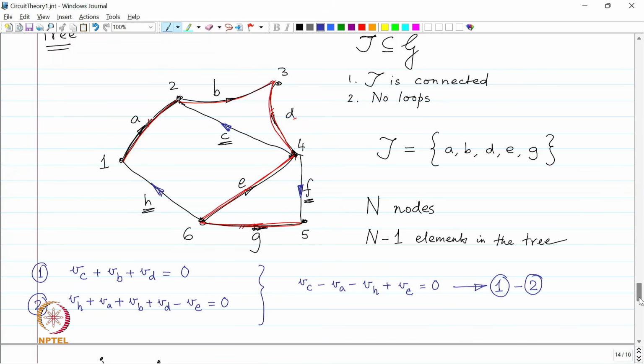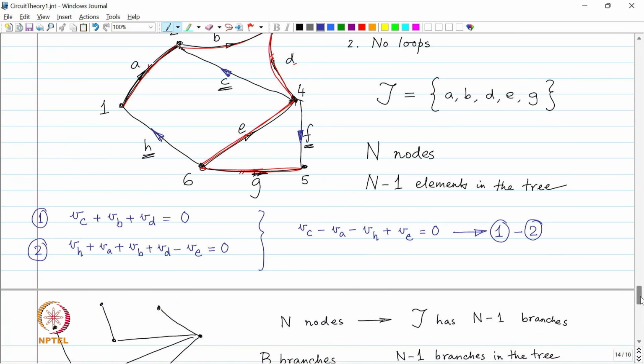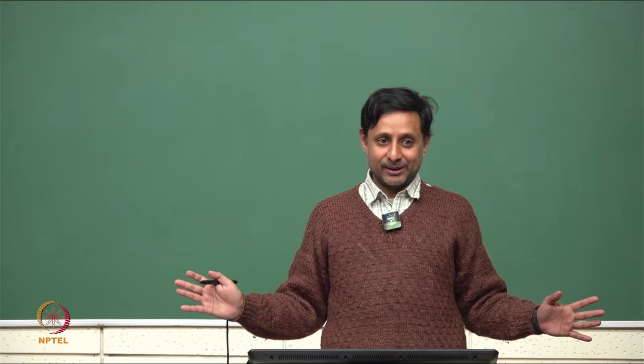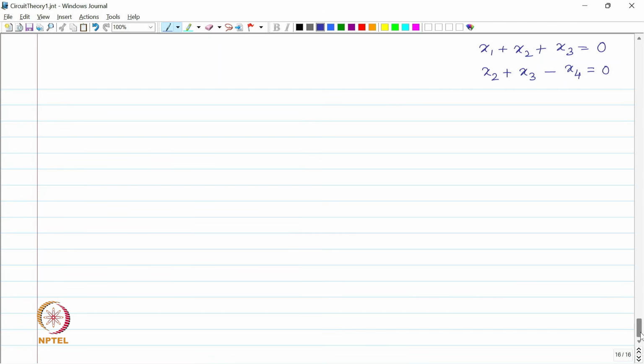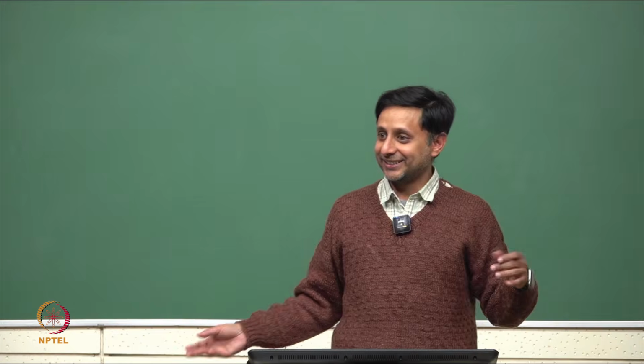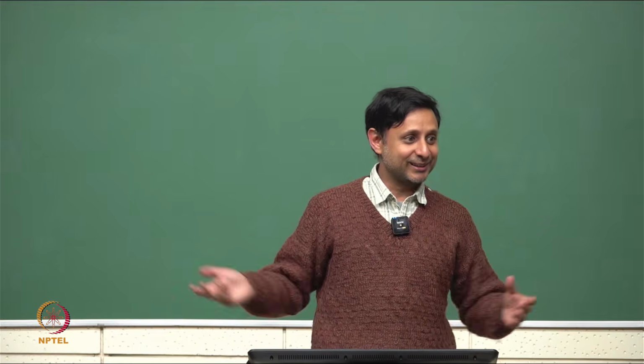Fine, understood? So, the fundamental loops give you fundamental KVLs, which are linearly independent from each other. These are the important ones. Remember when you were in class 12, when you were solving circuits, you got lots and lots of KVLs, KCLs, then you were juggling the KVLs, juggling the KCLs.